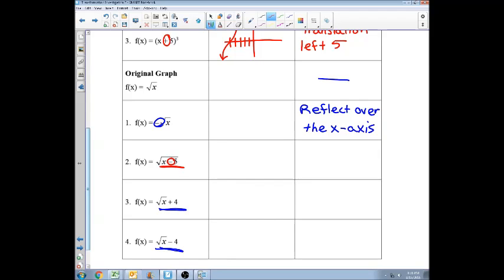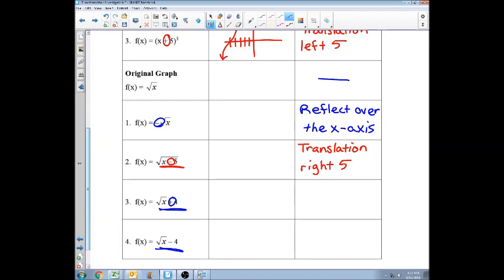The sign here is negative, so left to right movements, my positive direction would be to the right. So this is a translation right 5.